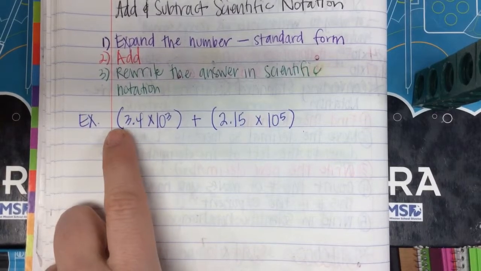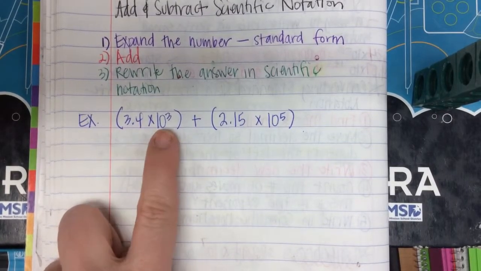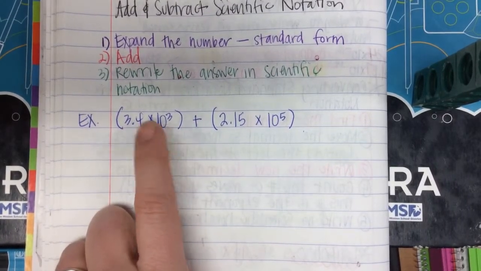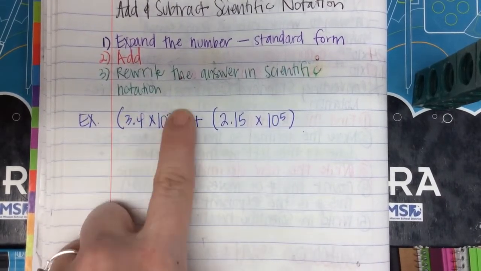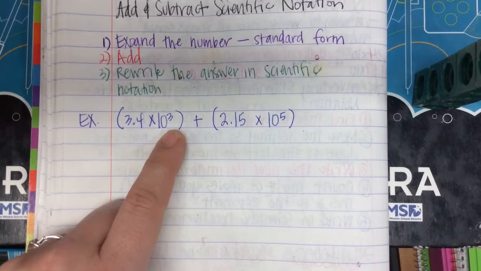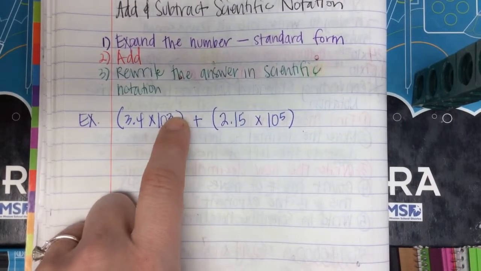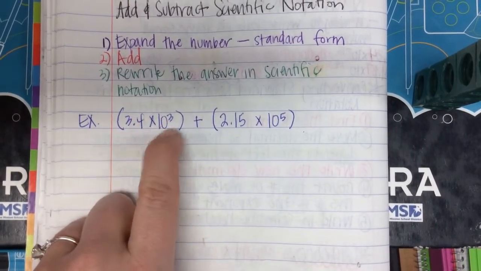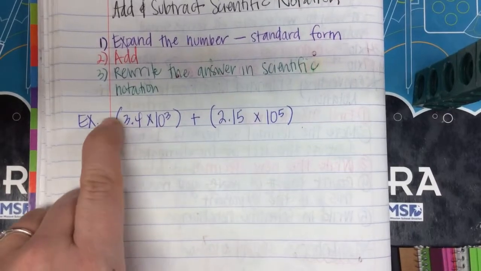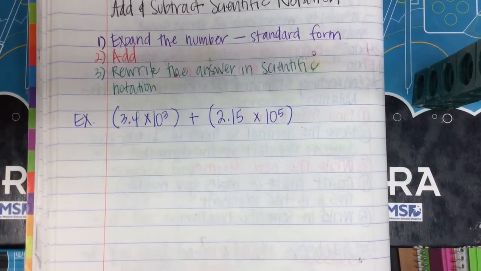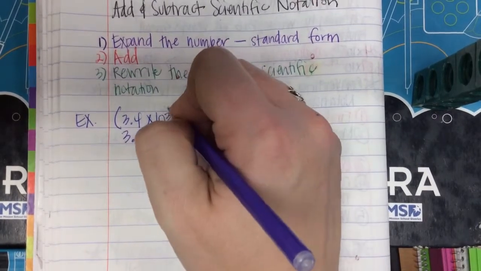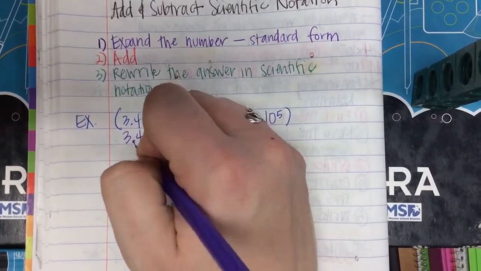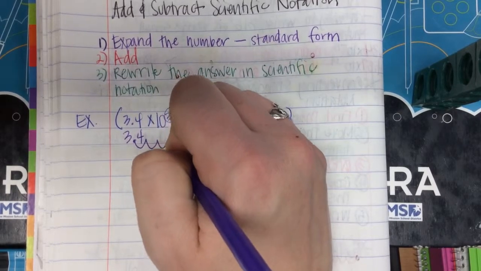Who can tell me 3.4 times 10 to the third? How do you expand that? What would we do? Move the decimal how many times? 3 times. And is it going to get bigger, so I move this way, or is it a smaller number, so I move to the left? Bigger. So I'm going to move my decimal 3 times. 1, 2, 3.